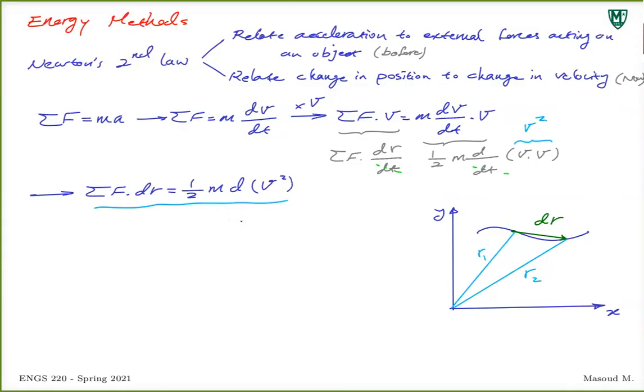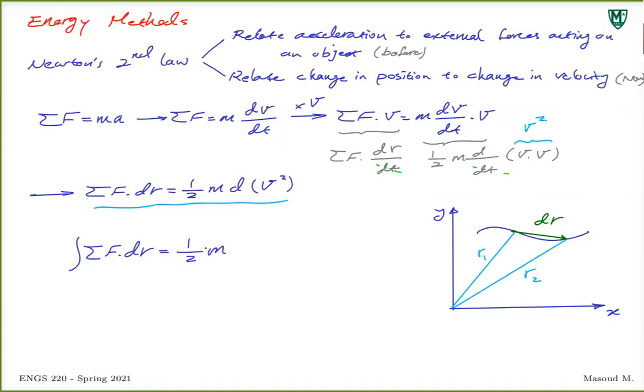Now, this is in differential form. We can take the integral from both sides, and I can write it this way. I can write it as the integral of summation of forces dot dr is equal to 1/2 m.